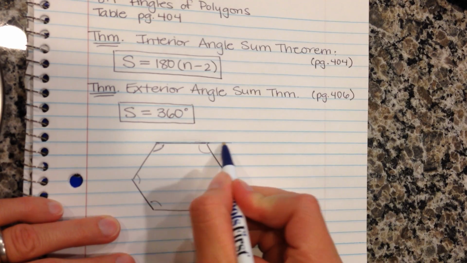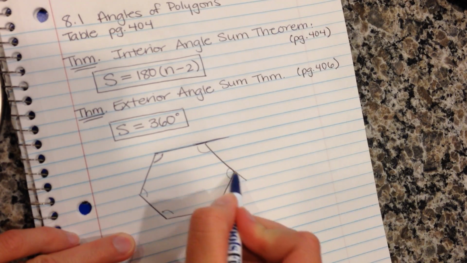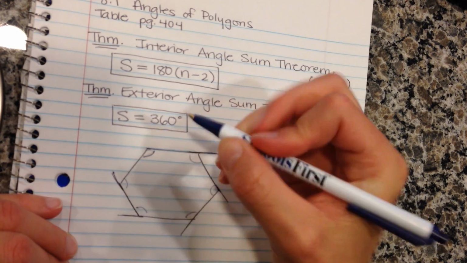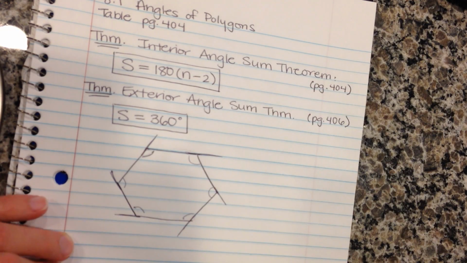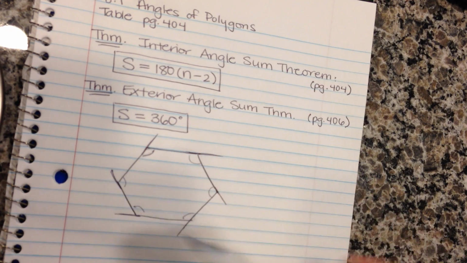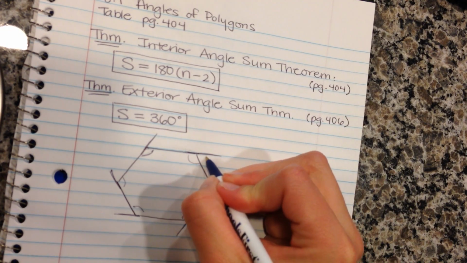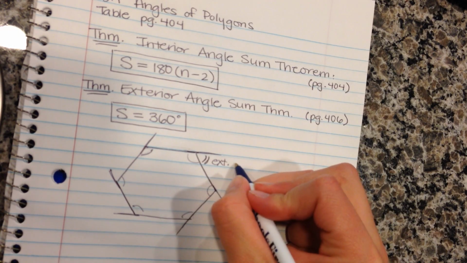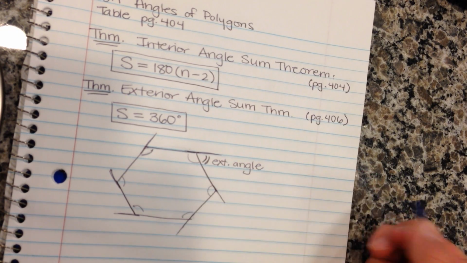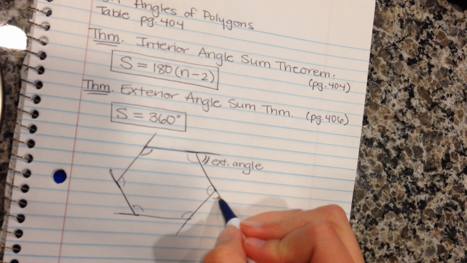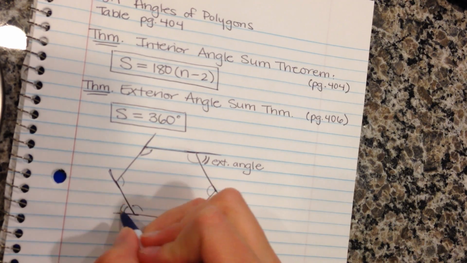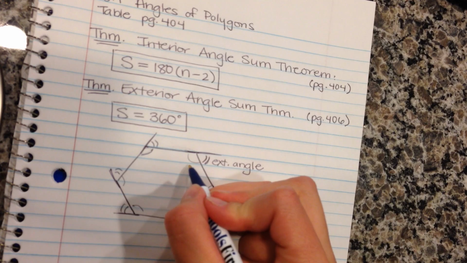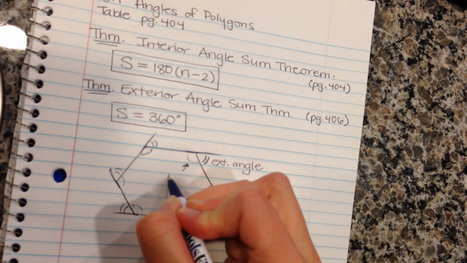Now if I were to turn this into a ninja star and just expand all of my sides here, you see how it looks like a ninja star or even like a pinwheel? Well, this angle right here is the exterior angle. So all of these that are right here are my exterior angles, and all of these in here are my interior angles.